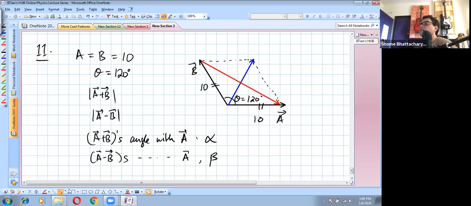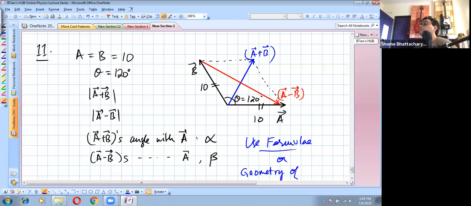It's a bit of a challenge for you guys. Can you solve this problem without using any formula, just using the special property of this parallelogram, which is in fact a special type called a rhombus? So you can use formulae or the geometry of the rhombus.